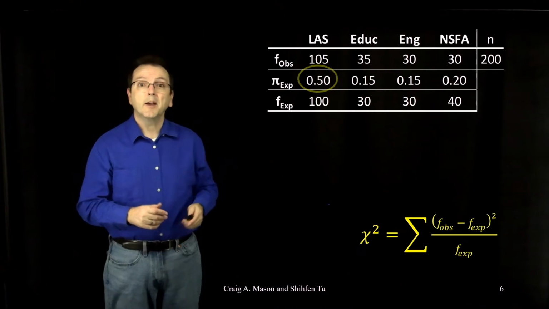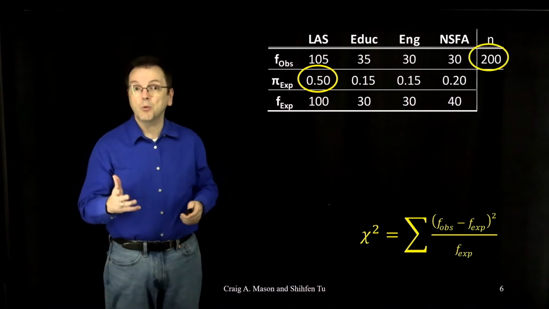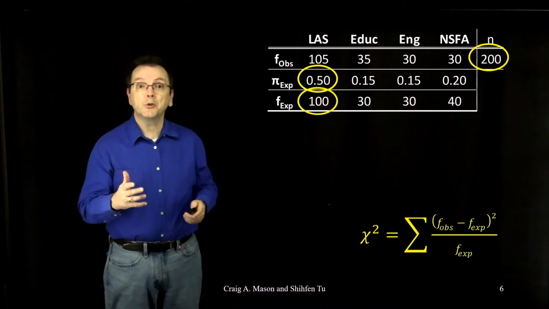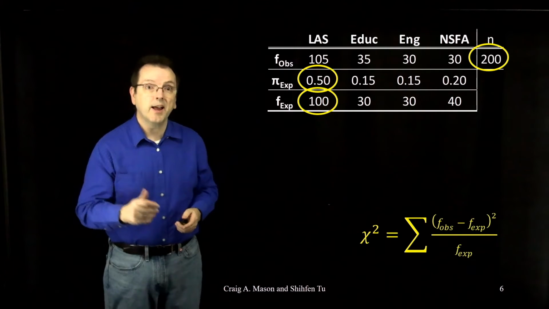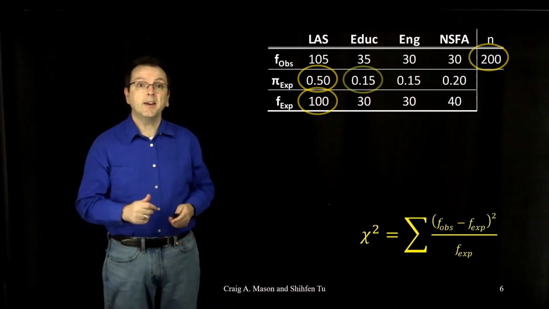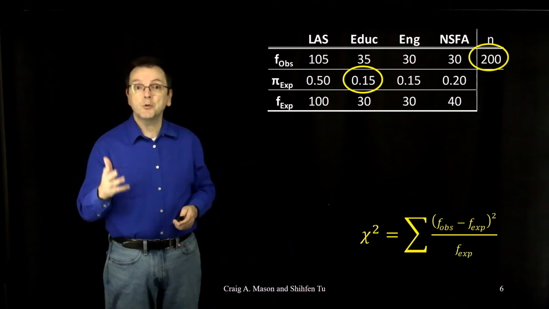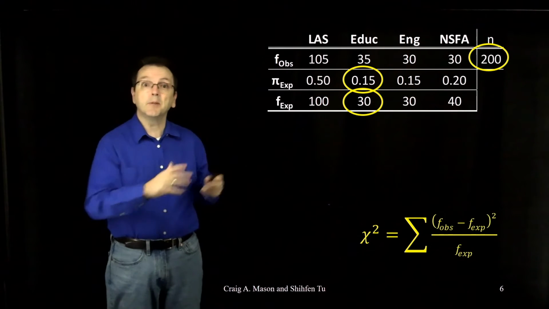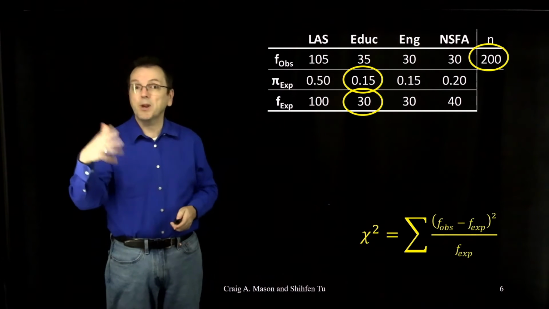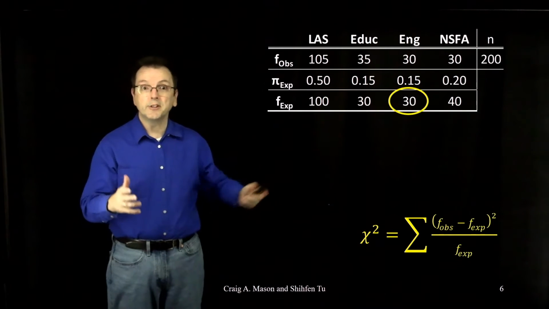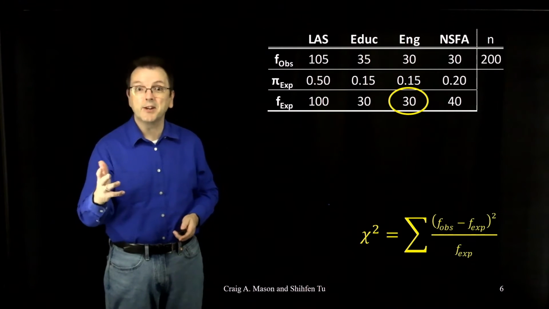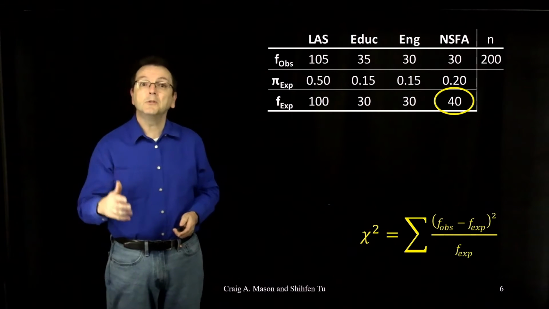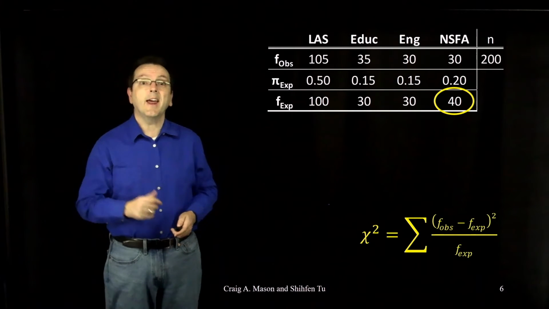We get 0.5 times 200, or 100 students expected to be in LAS, and 0.15 times 200, or 30 students expected to be in education. If we continue, we get 30 students expected to be in engineering and 40 students expected to be in NSFA.